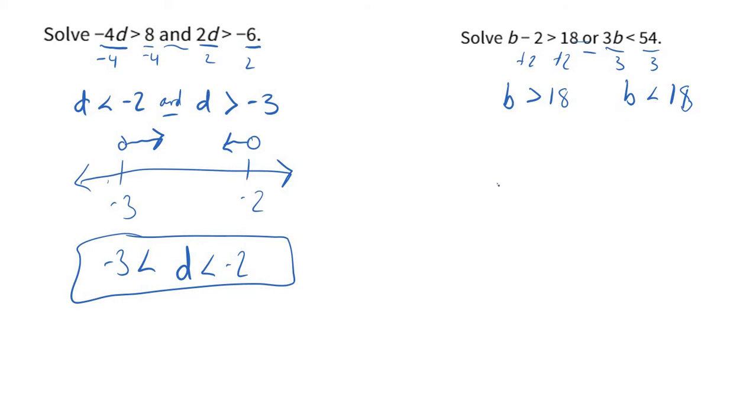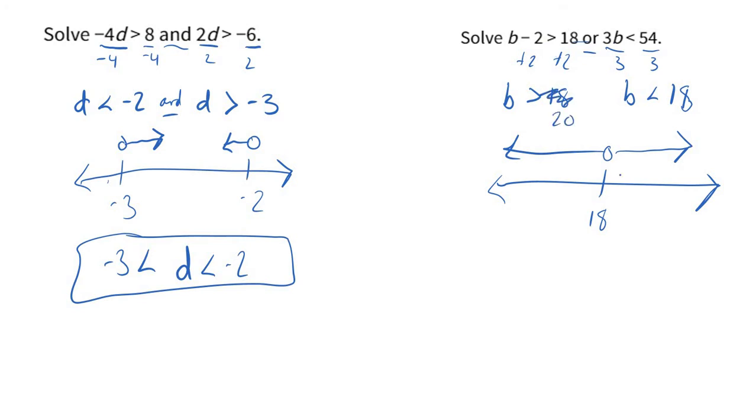Well, that's interesting. So b is basically everything except 18, right? It's everything that way, and it's everything that way. Oh, I'm sorry. Plus 2, that's not an 18, that is a 20.